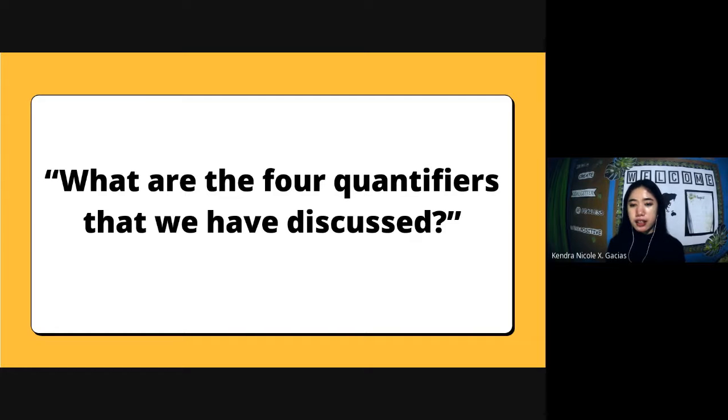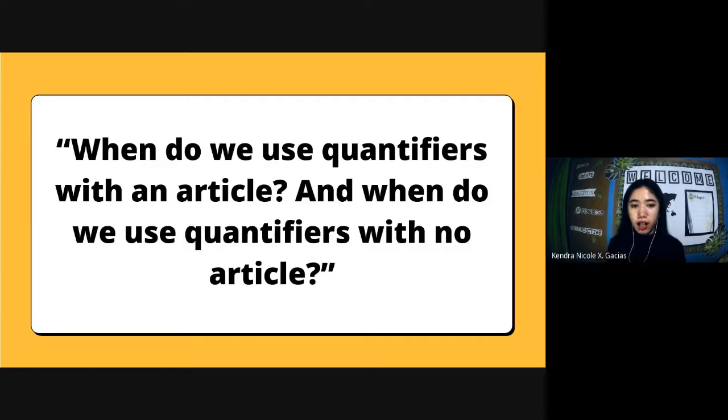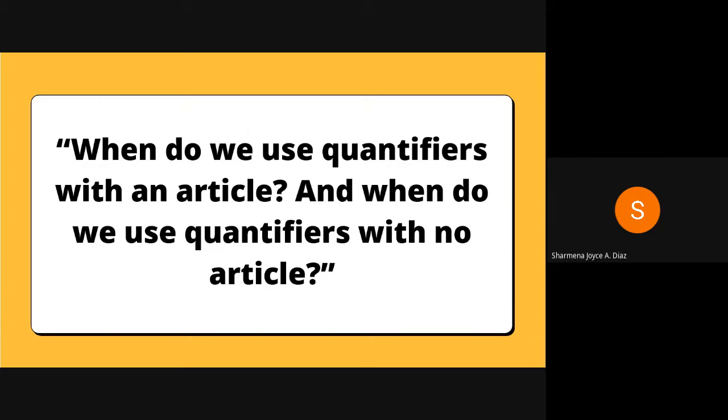Next question. Let's have Mena. Would you like to try? When do we use quantifiers with an article? And when do we use quantifiers with no article? All right. What do you think?